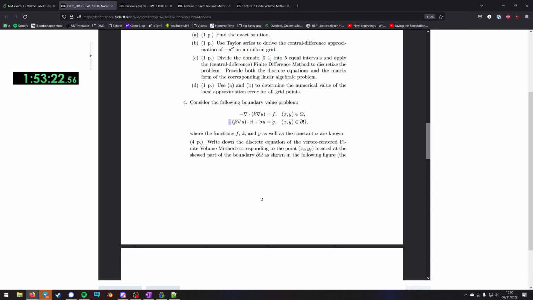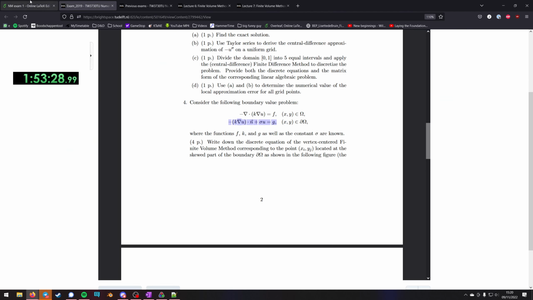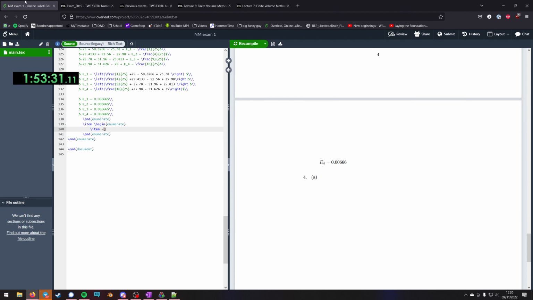So first thing, I'm just gonna write down the boundary equation. Might be complete bullshit, but I'm just gonna do it, because that's how all of my answers have gone so far, and so far I think I'm doing reasonably.